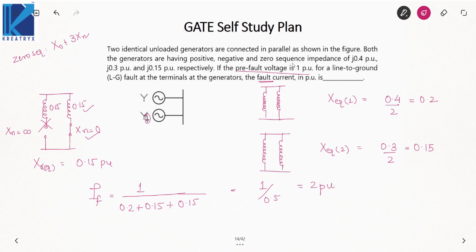Okay. 1 minute. Because we are finding fault current, so 1 into 3, so it will come out to be 6 pu. Is it fine? So that will be the fault current. If I was asking you the positive sequence current, it would be 2 pu. Remember this thing, you always have to deal with one sequence network at a time.